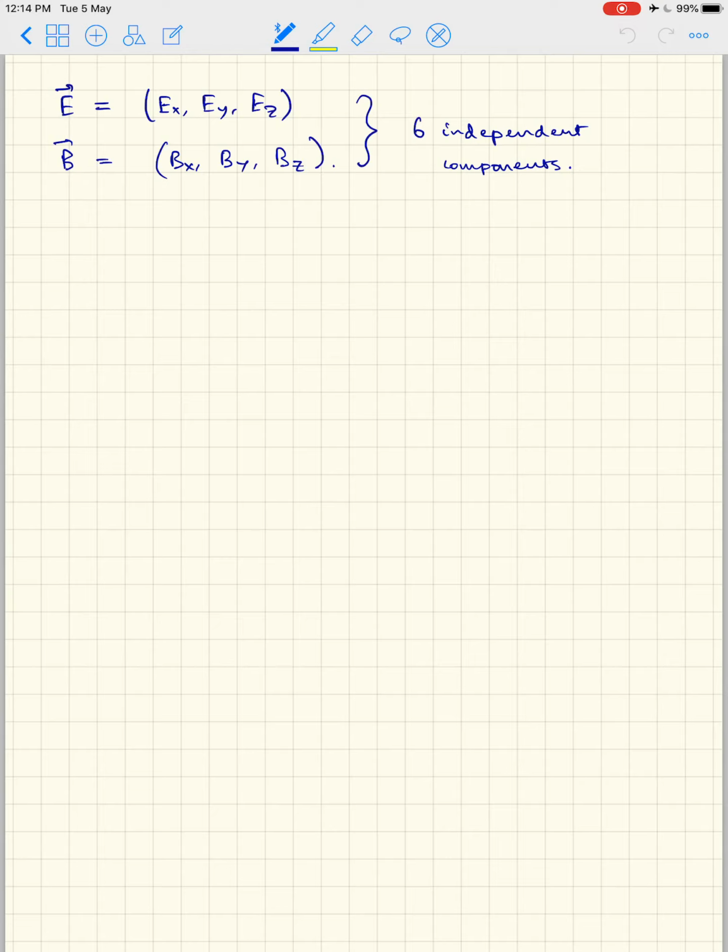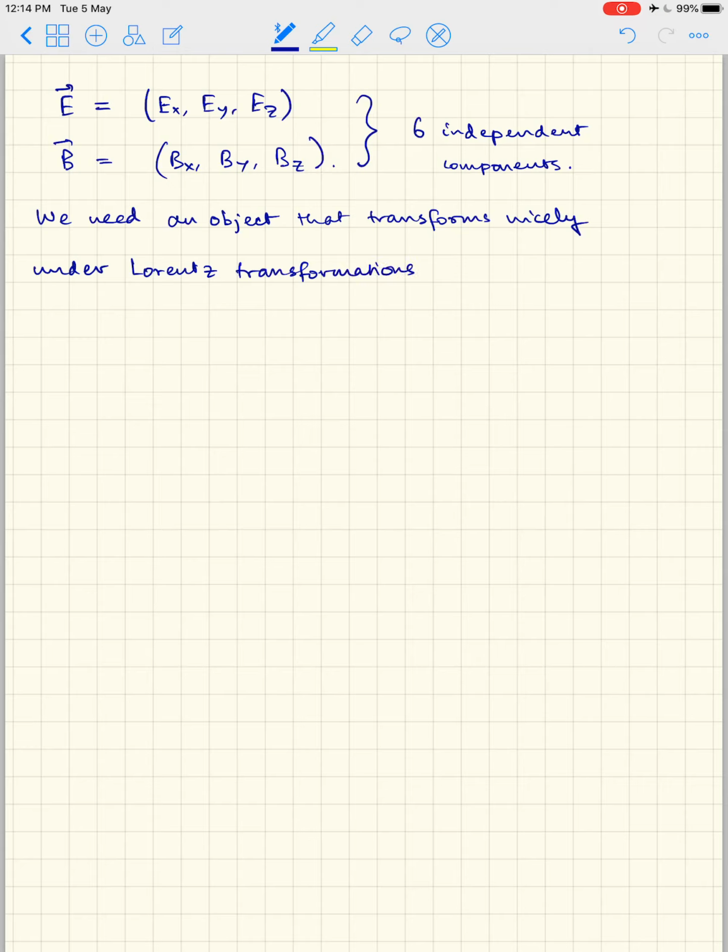If you have 6 independent components, we need an object that transforms nicely under Lorentz transformations and has 6 independent components. Of course, a 4 vector will not do because we have 6 entries.